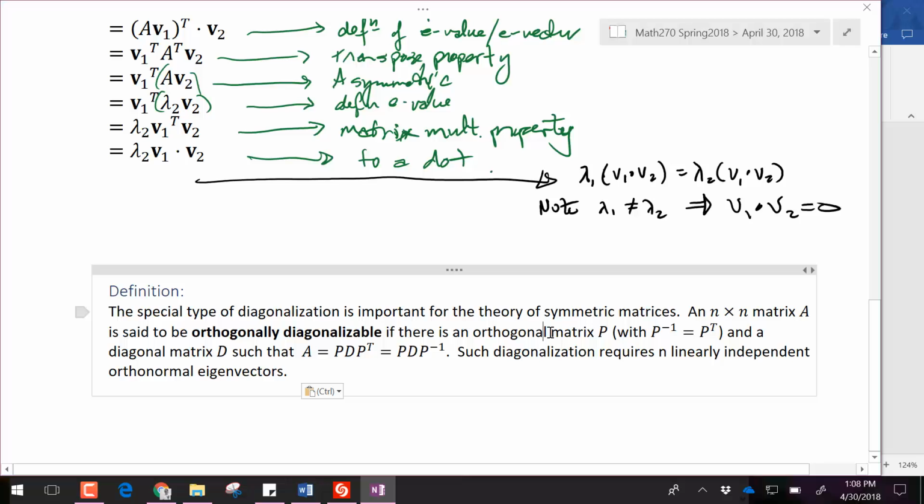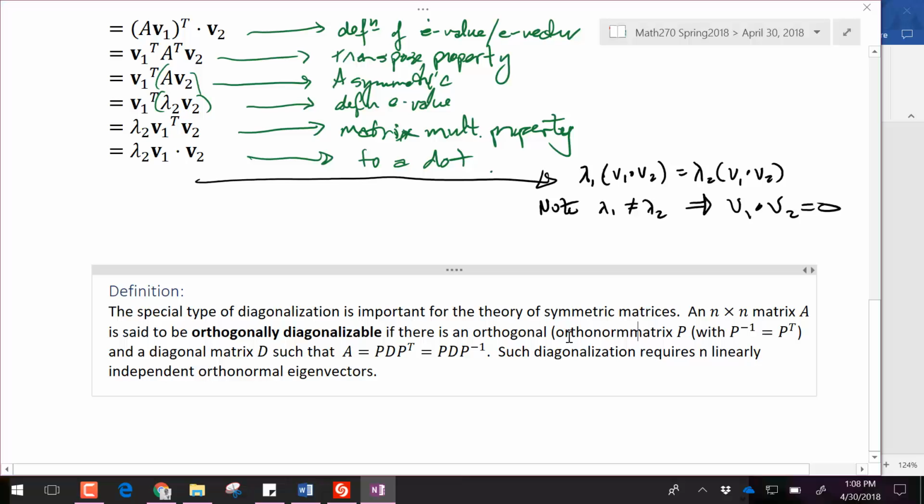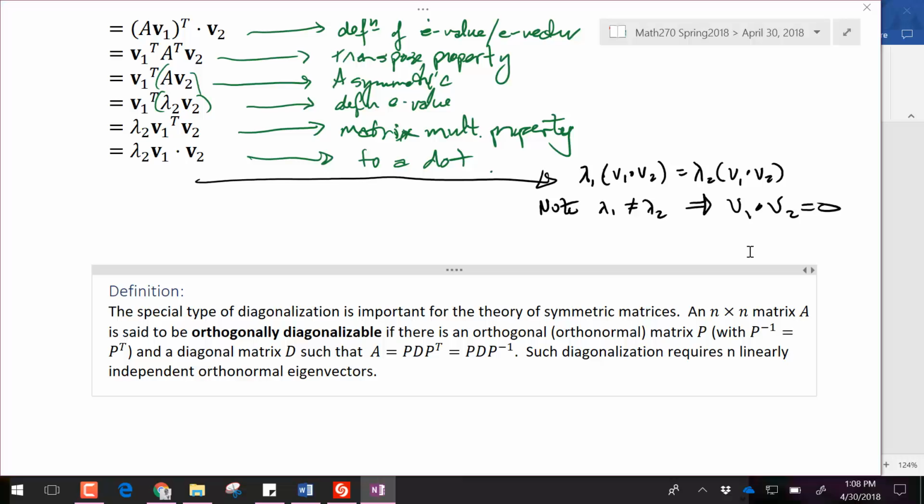Let's put orthonormal. Because when we defined orthogonal matrices the first time, they made a big deal about that, saying people usually say orthogonal matrices, but they actually mean orthonormal. So let's take a look at the next theorem.